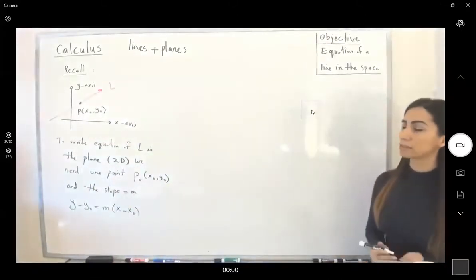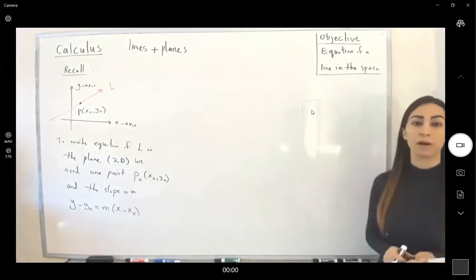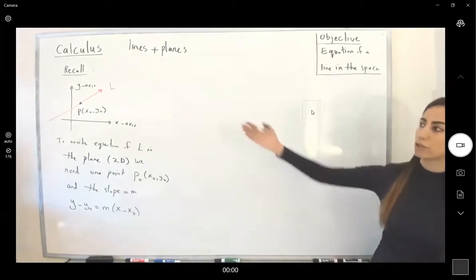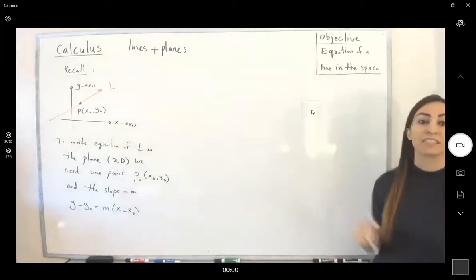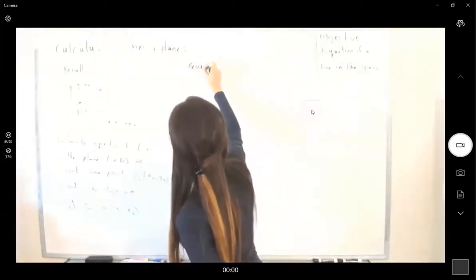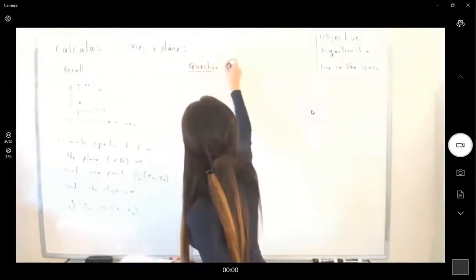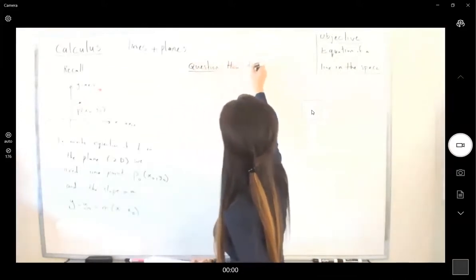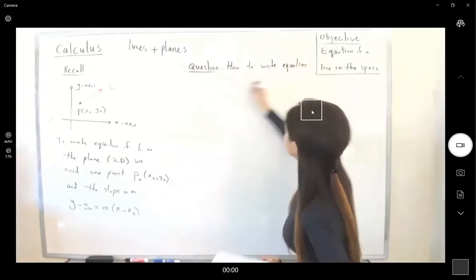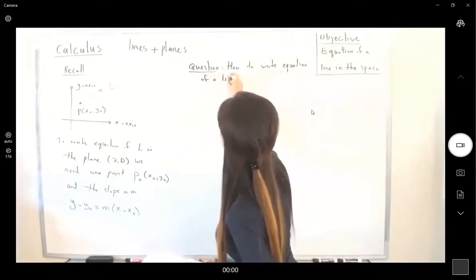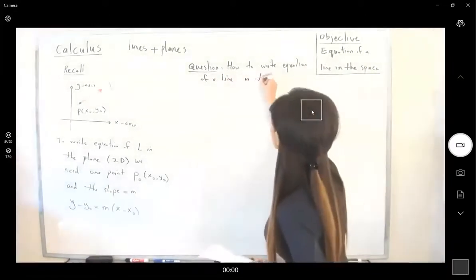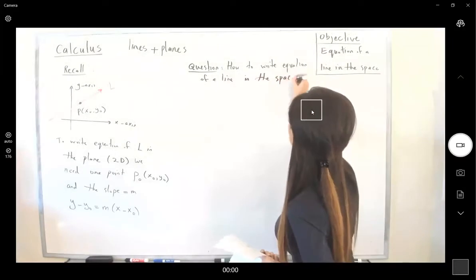I expect you to ask, now that we talked about the three-dimensional space, how do you write the equation of that line in 3D? So this is our question: how to write the equation of a line like L in the space, or three-dimensional space.